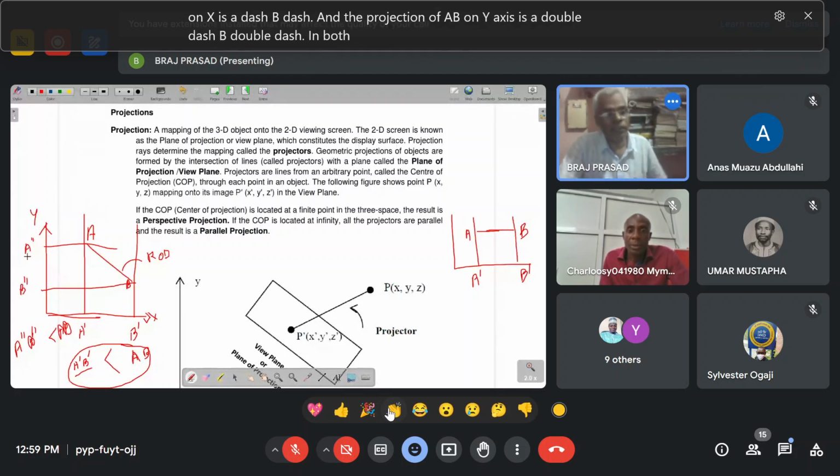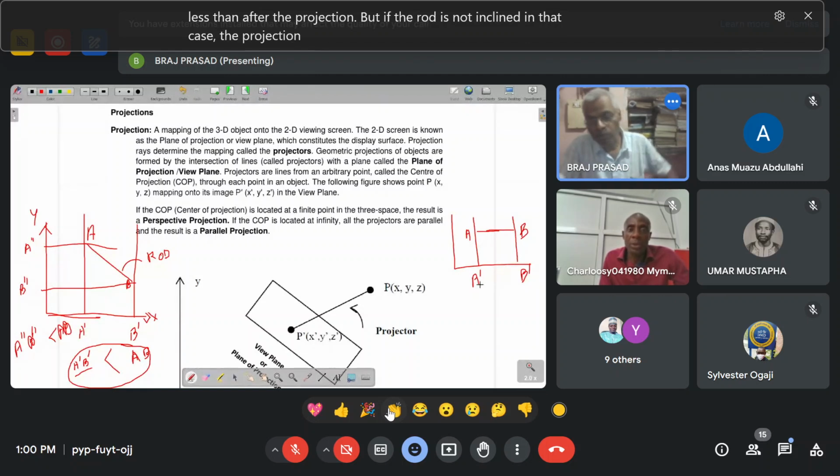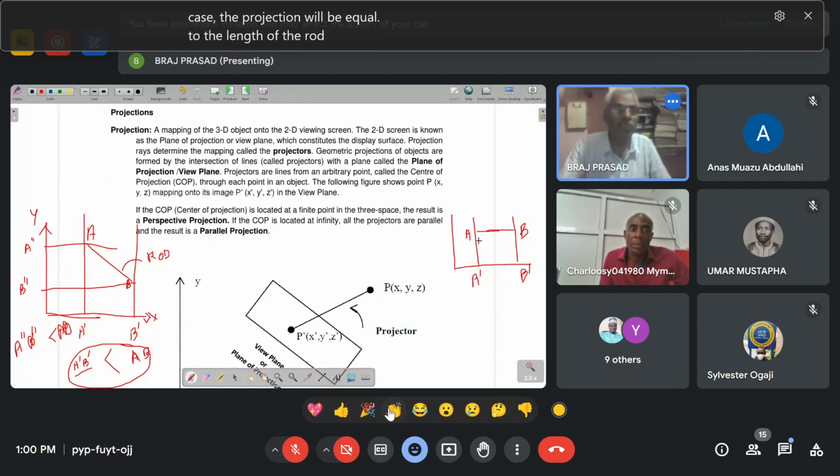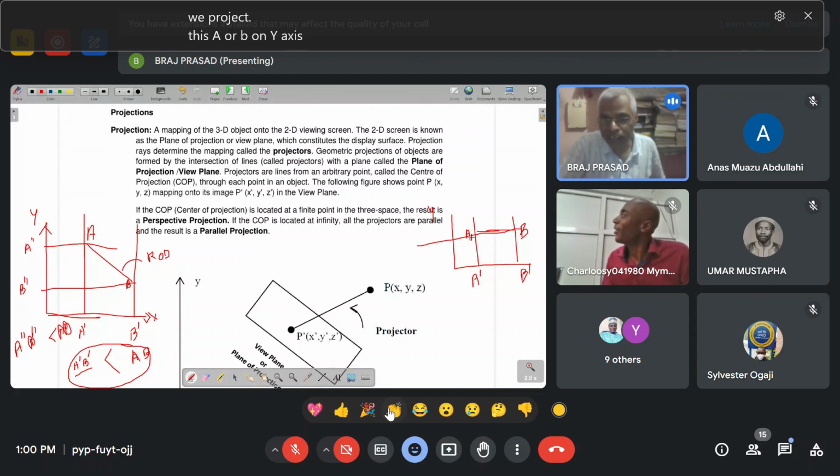In both cases, the projected length is less than the original rod. But if the rod is not inclined, in that case the projection will be equal to the length of the rod, or it may be zero. It may be zero because if we project this A or B on the y axis, then A and B coincide.